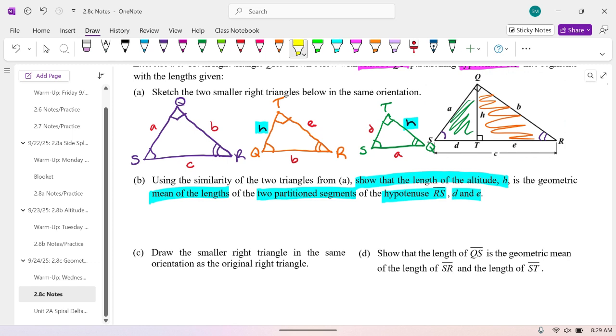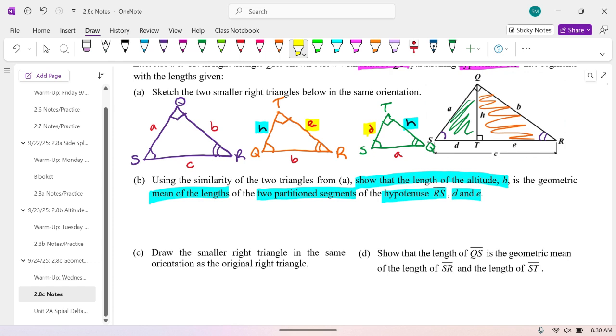And we want to know if it's a geometric mean of the lengths for the two partition segments, which is D and E. All right. So we're going to set this up like a similarity proportion. So we're looking at the medium triangle and the small triangle. So the orange and the green.